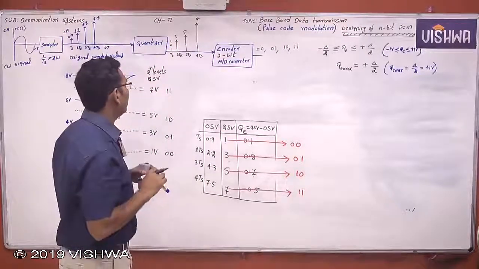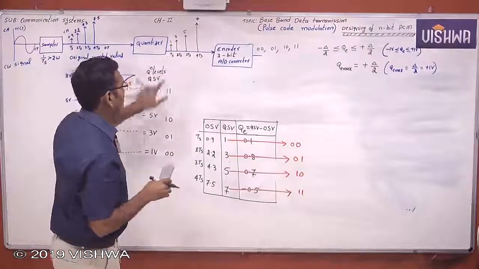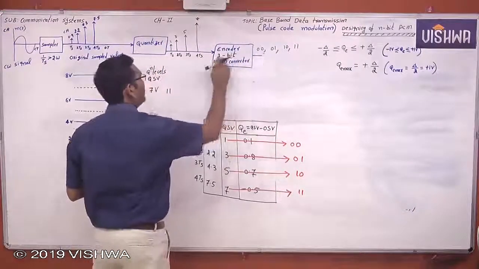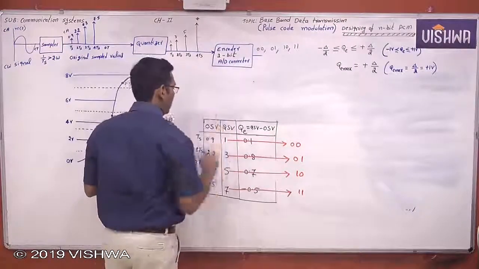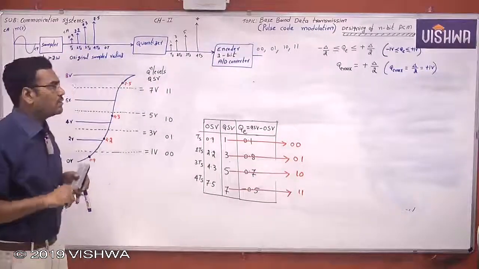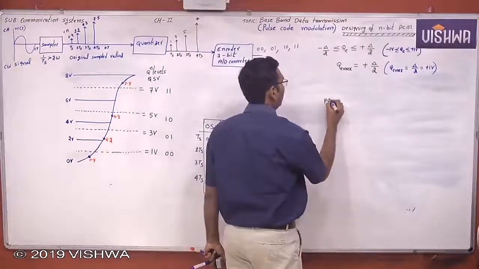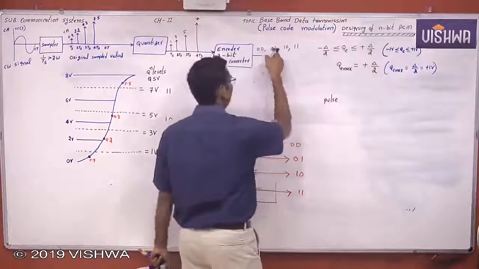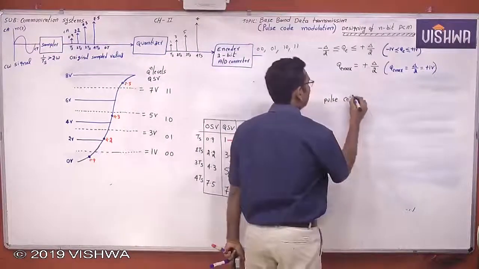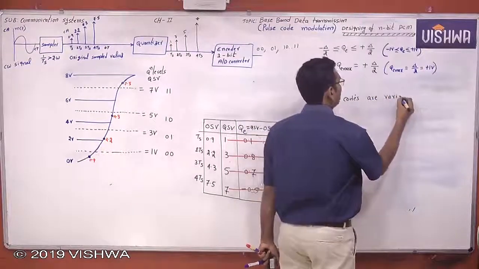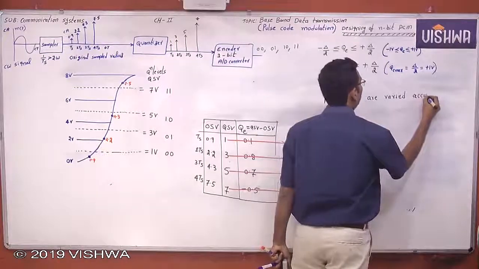The reason behind that is each sample is encoded into 2 bits. If it is 3-bit, each sample is encoded into 3 bits. Which means the pulse codes, like 0 1 0 1, are varied.